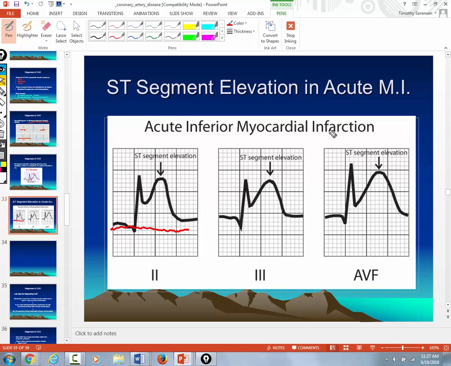Here's the ST segment. It's elevated. And that is a sign that the coronary artery is completely blocked and you are going to have a heart attack. That part of the heart muscle, if that blood flow is not reestablished, is going to die. Tell me you got that.